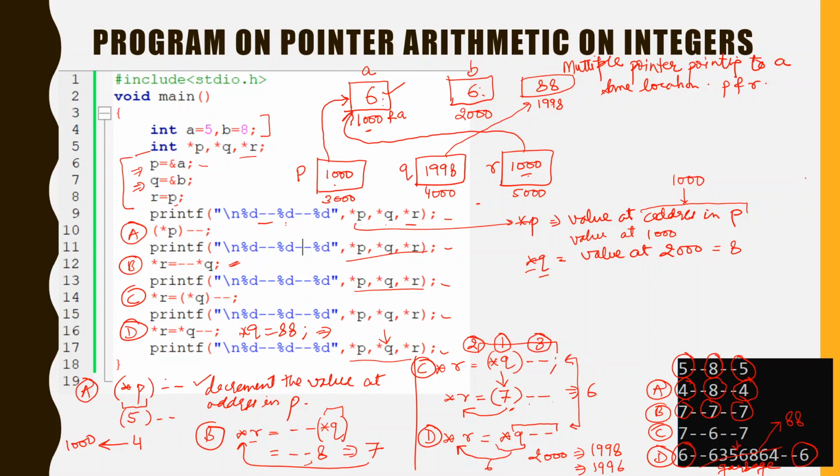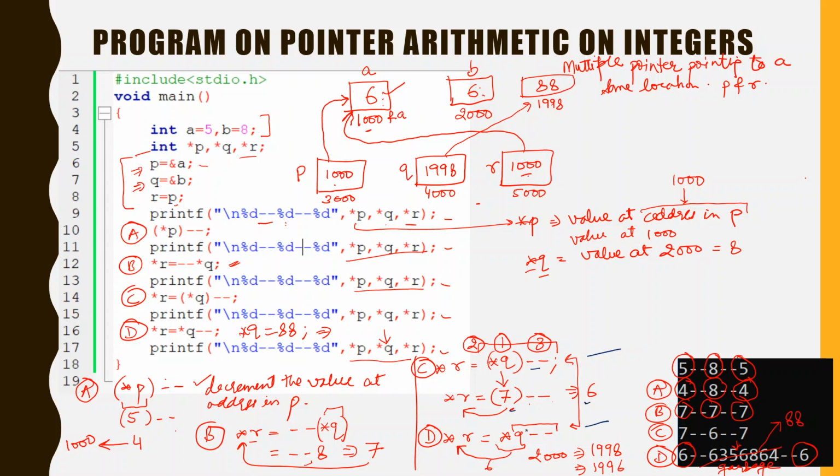So we have to see the clear difference between statement number C and statement number D, and how they differ. In statement C, the decrement operator is applied over the value at address in q, so the value gets decremented from 7 to 6.